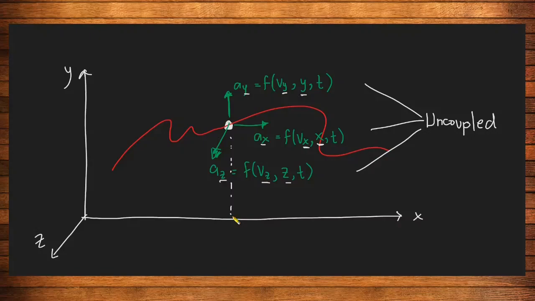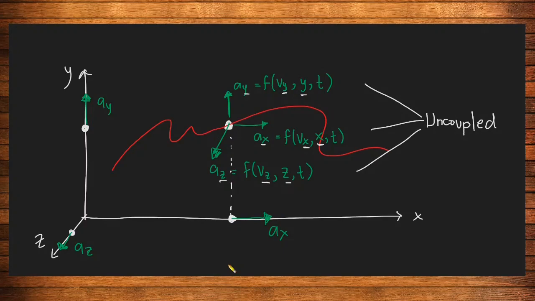Ibig sabihin, titingnan natin yung motion ng particle natin along the x direction only. So, parang rectilinear lang siya along the x direction. And then, i-analyze din natin yung motion niya along the y direction. And iti-treat natin siya na parang rectilinear motion lang din along the y direction. Pagdating sa z direction, same lang din yung gagawin natin. Again, this can only be applied if our equations are uncoupled.